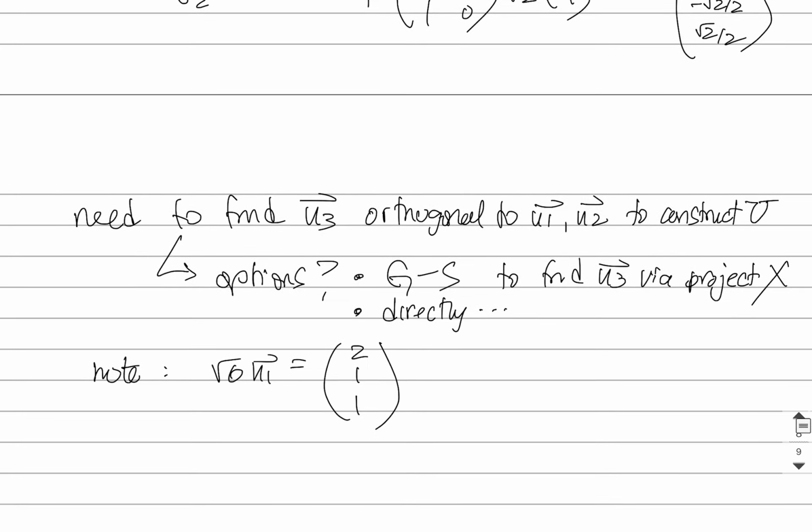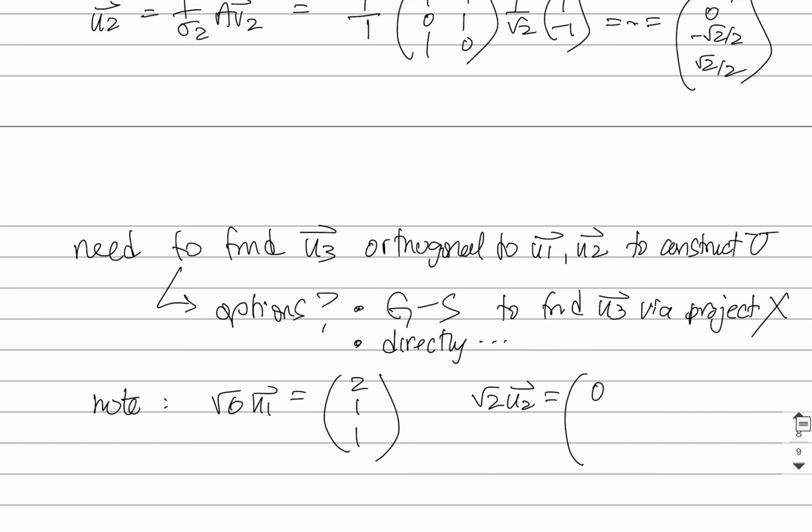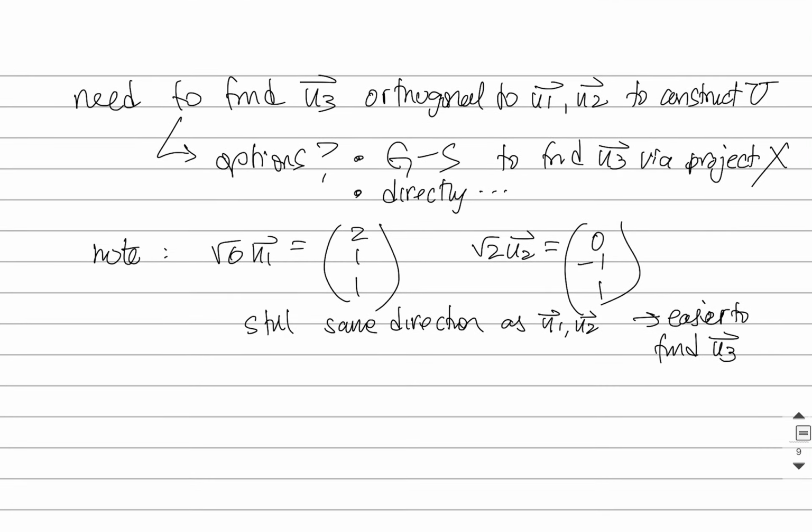And if I were to take everything in U2 and multiply it by root 2, I'm going to get a vector that's much easier to work with: 0, negative 1, 1. These two vectors are still in the same direction as U1 and U2. It's going to be easier to find U3 with these.